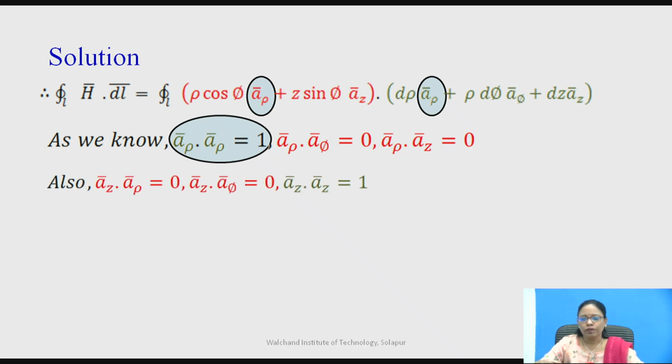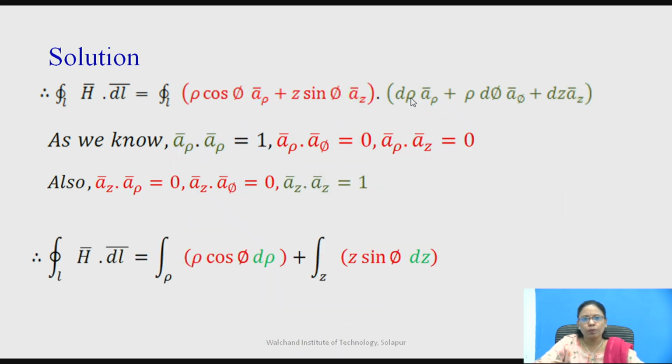Similarly, az dot az is also 1 because it's a self dot product. So az is in the second term and az is in the last term, so I only get the first term and the last term. My output of the above equation will be: rho cos phi d rho plus z sin phi dz. So this is my equation.